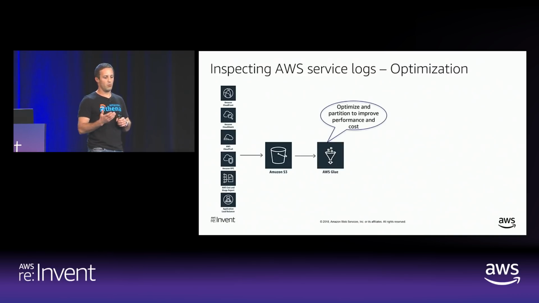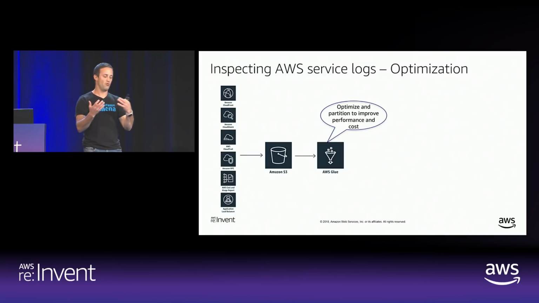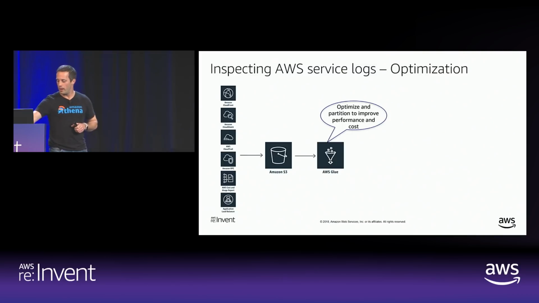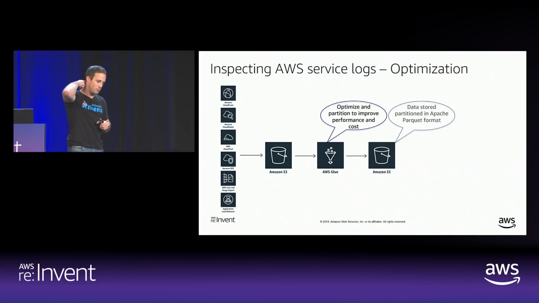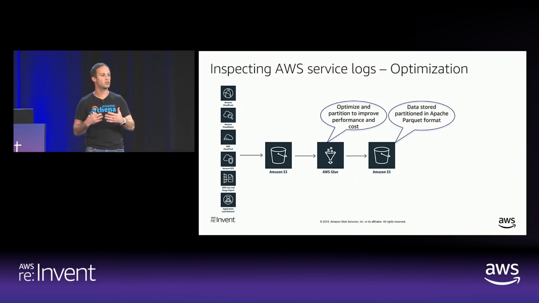As you can see here, we're using AWS Glue again. The idea here is to take the data in, convert it to columnar file formats, optimize the data, clean it, and then push it back into S3 in partitioned file format. Previously you've seen Kinesis Data Firehose doing that in real time in a streaming way.